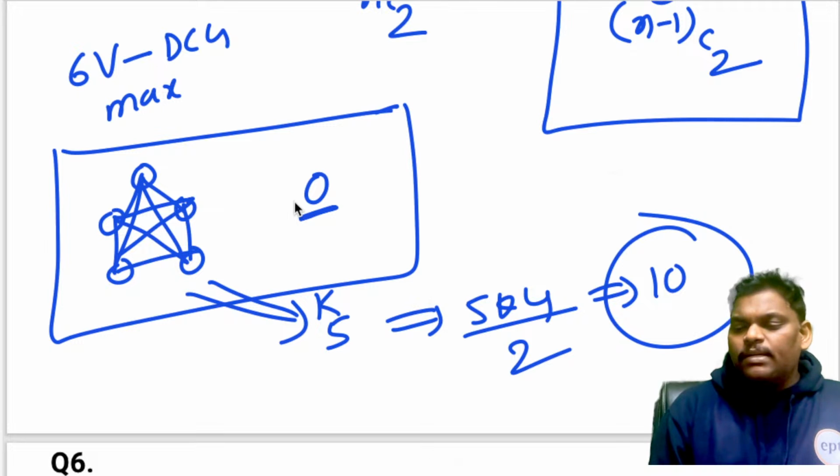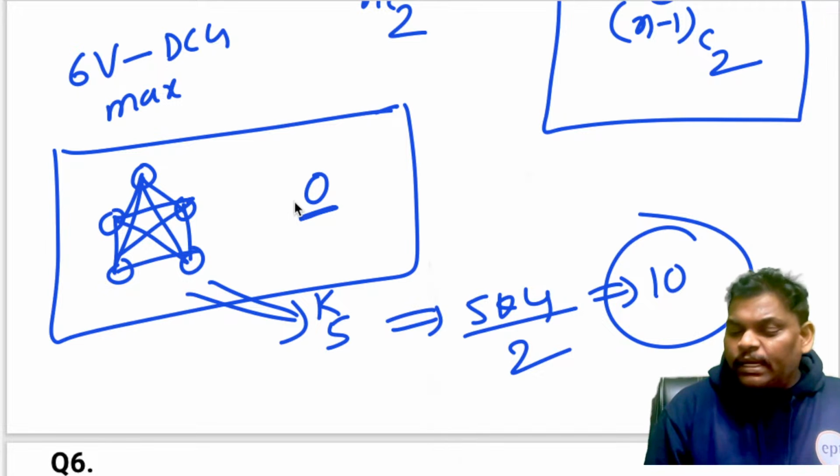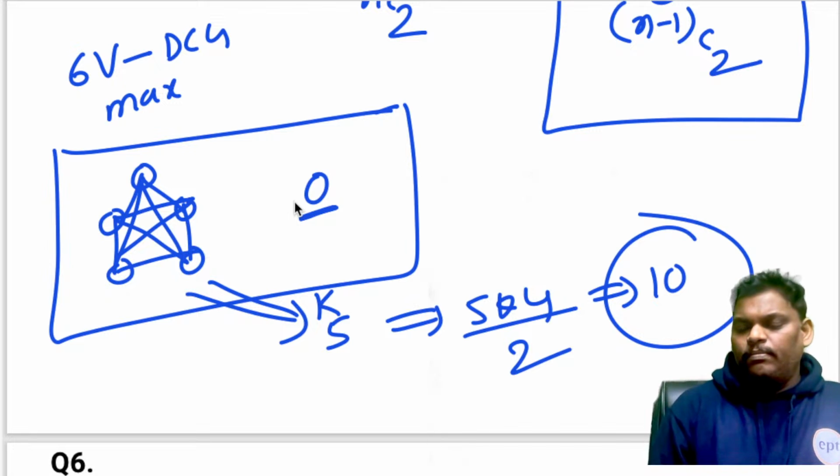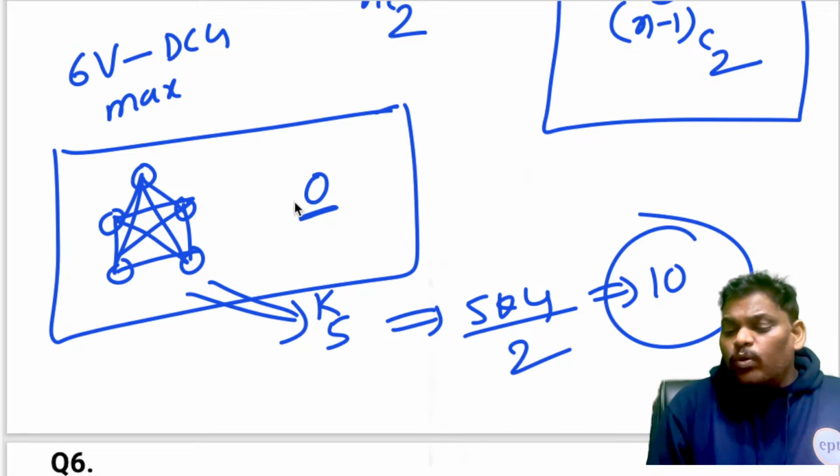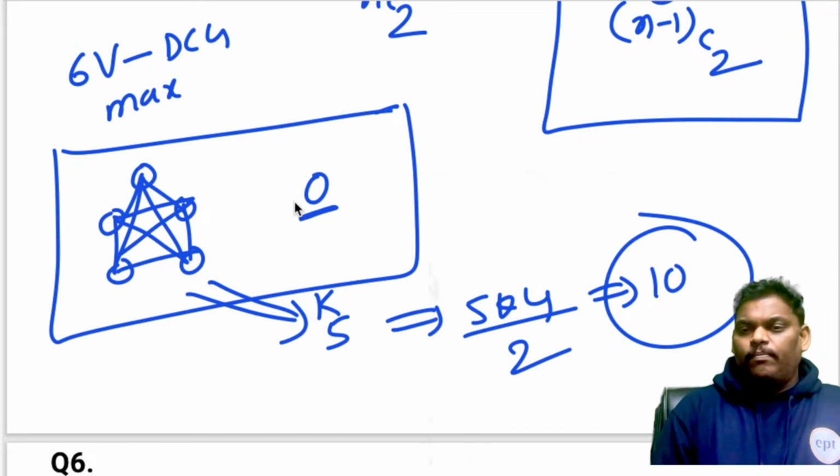Because of disconnectedness, at least one vertex I have to keep outside. If you keep more vertices outside, then fewer edges will come.